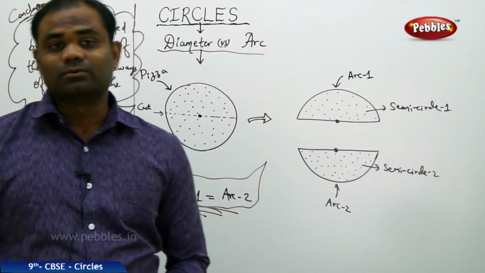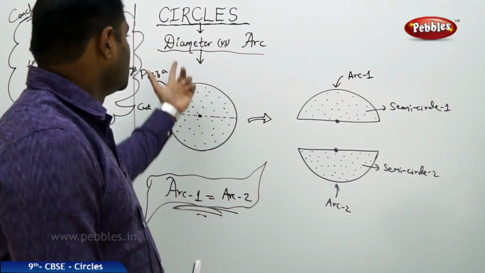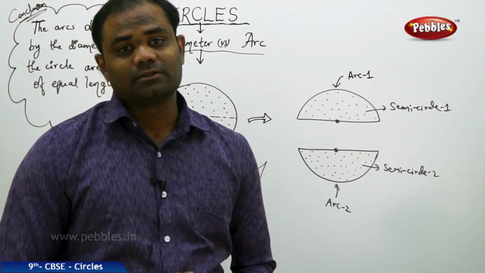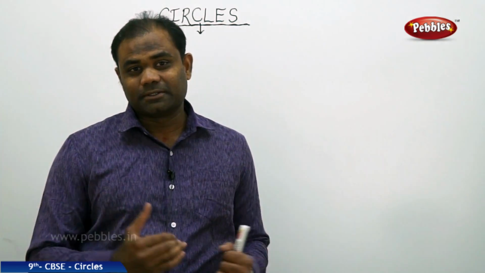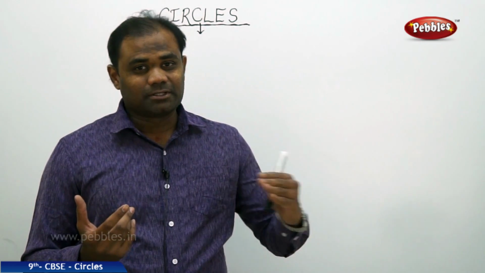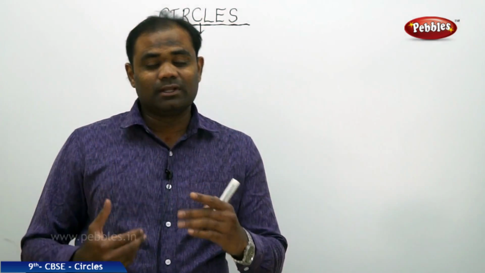This is how we conclude the diameter connected with the arc. Now that we have discussed a special case of the diameter and the circle with its arc, a diameter defines equal lengths of arcs for a given circle, is what we have concluded.